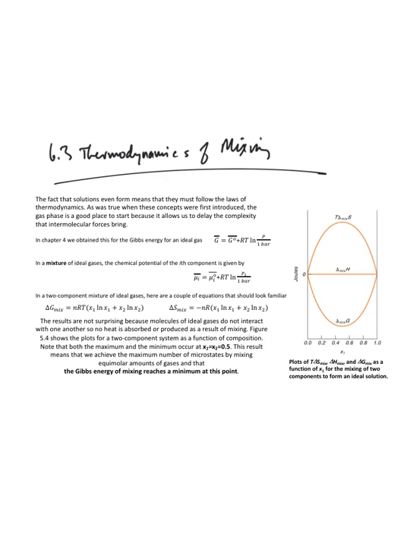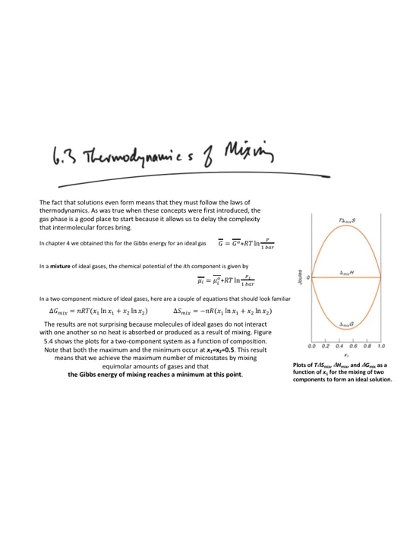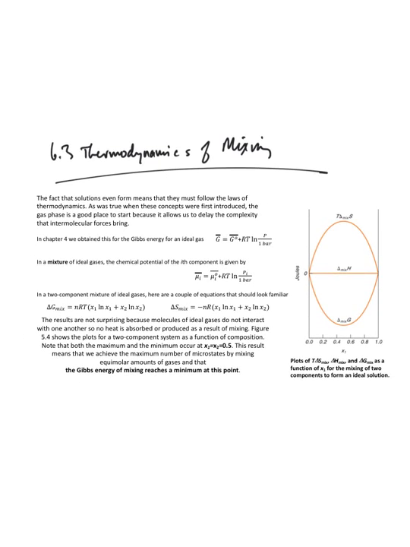In other words, the most favorable mixture is when you have equal amounts of the two components. So that's essentially what the graph is showing you. You have the absolute lowest Gibbs free energy when you have a mole fraction of 0.5 of each component, and you have the absolute maximum disorder, or entropy, when you have 0.5 mole fraction.